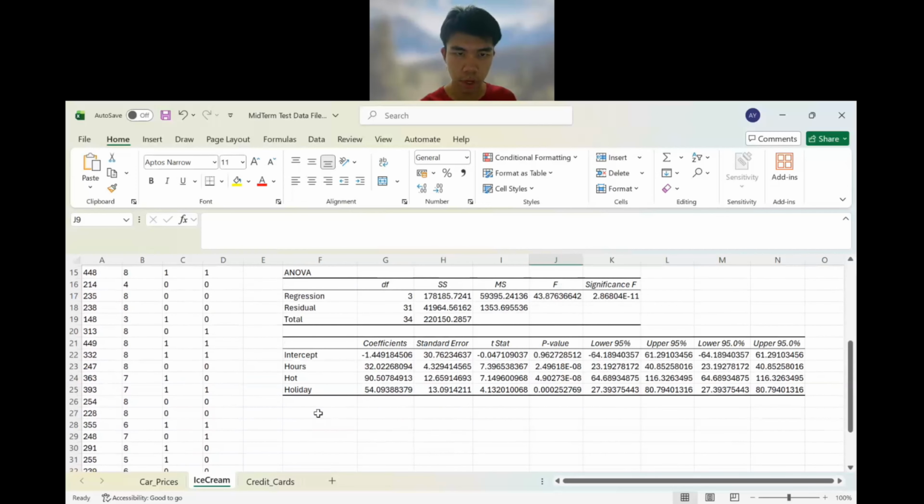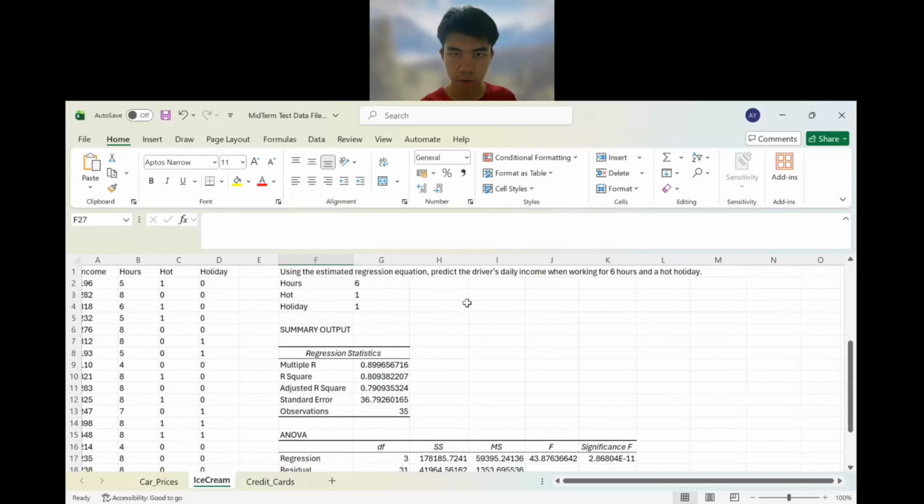So we need to predict the driver's daily income when working 6 hours on a hot holiday.